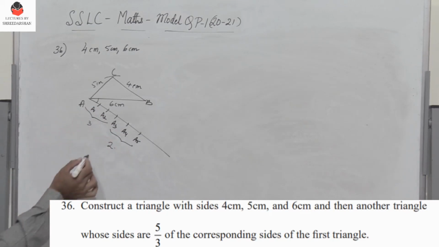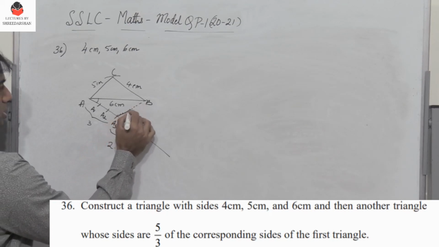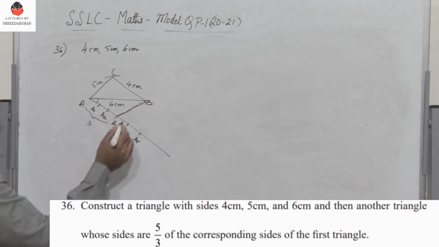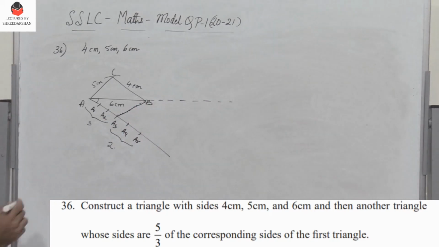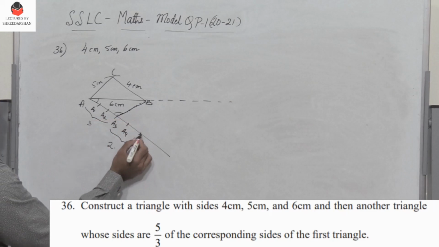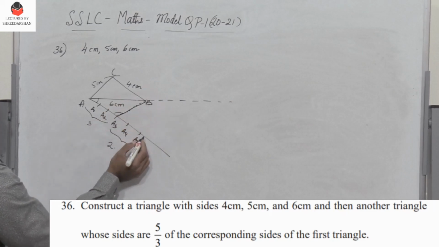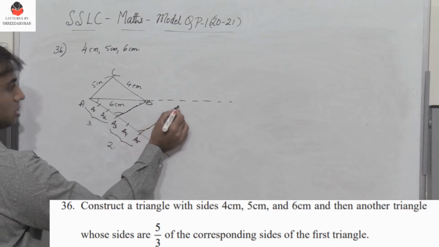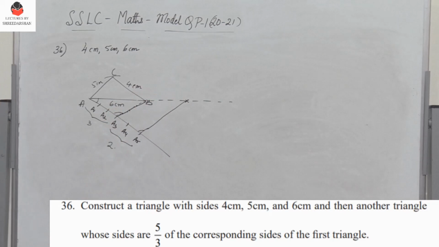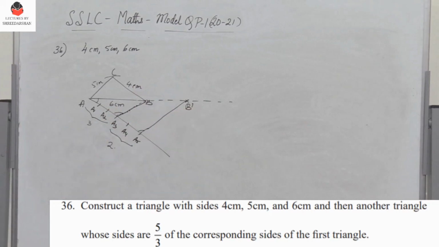Okay, so now you join these 2 points A5 and B, and you extend the line B. Once you extend line B with this same angle, with a line which is parallel to A3B, cut an arc and extend it so that it cuts at B dash, right?